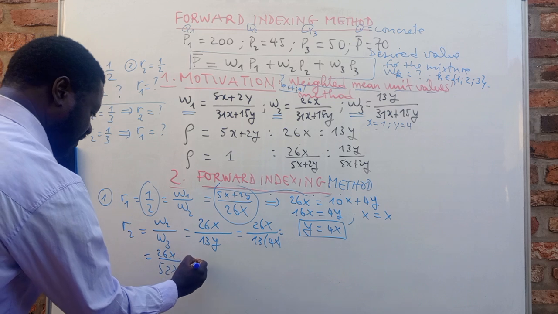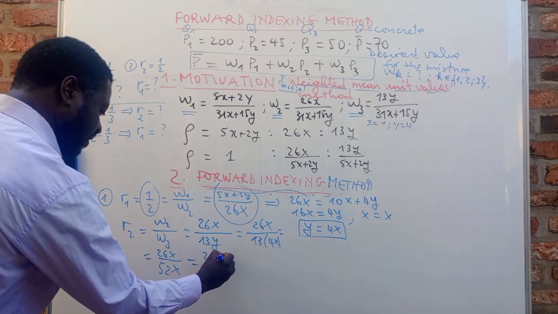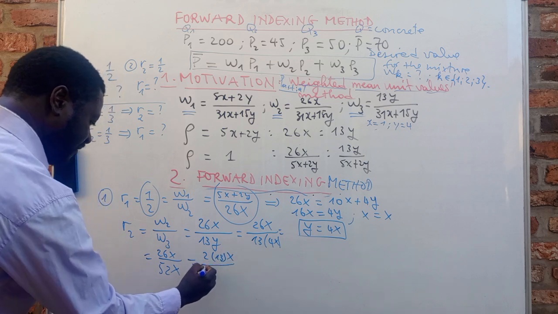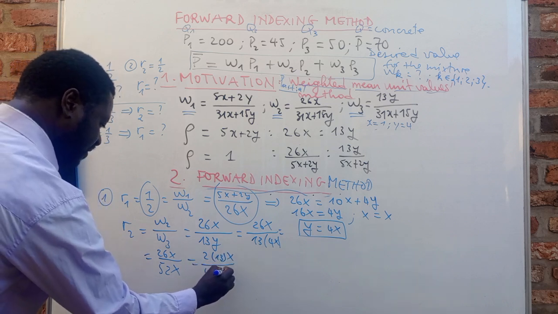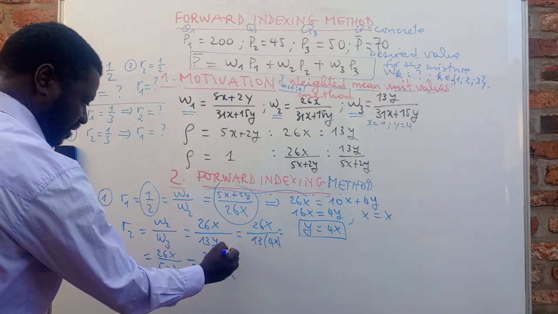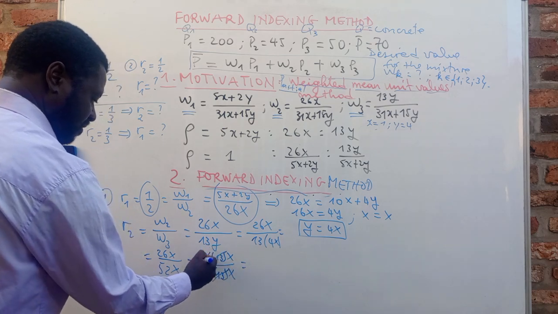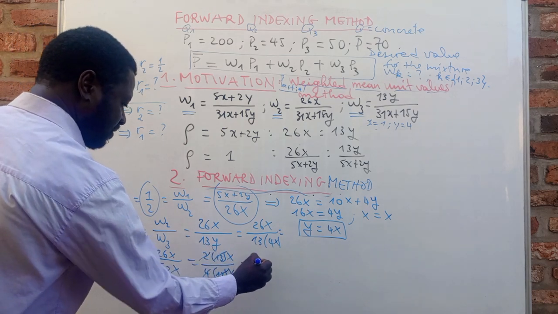Upon simplification, this is like 2 times 13x divided by 4 times 13x. So we can simplify x and get 2 over 4, and it is a half.